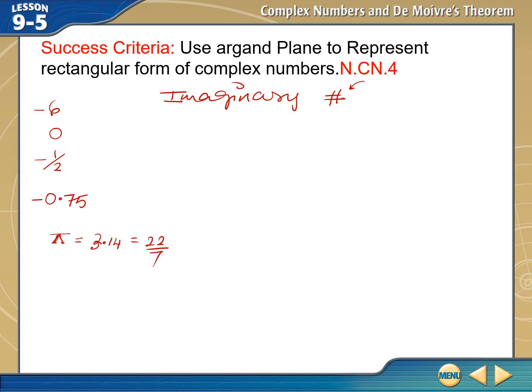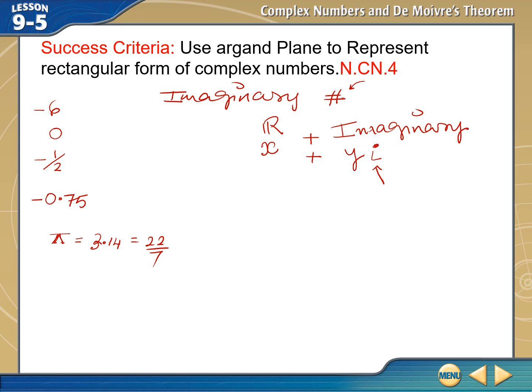Now, if we write a number in the form of, let's suppose, x, that means the real part, and we also write with it an imaginary number, then it is said to be a complex number, which means that complex numbers are numbers that contain a real part and an imaginary part. But in order to represent the imaginary part, you have to write the i. So this i represents the imaginary part.